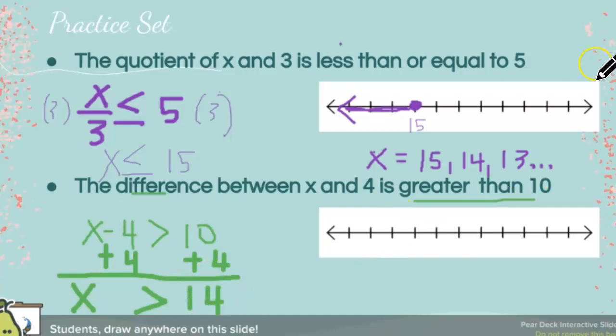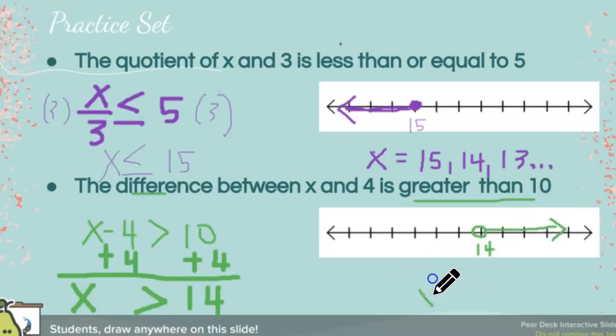Alright, so before you could grab 14, you just have to solve it first. So anywhere in this number line we could put 14. So I put 14 here, and it is an open dot because it's not equal to, and since it's greater, I could go to the right side of the number line.